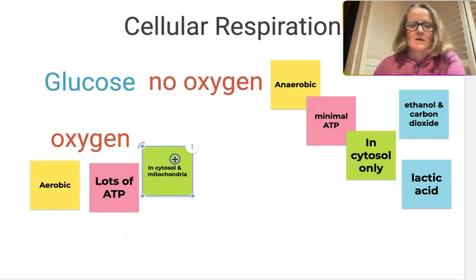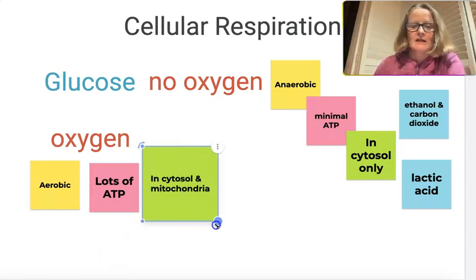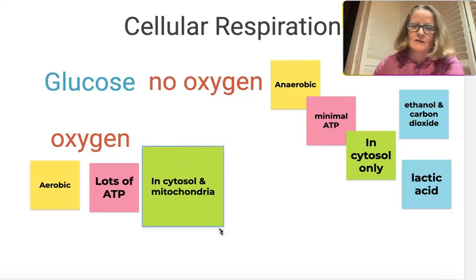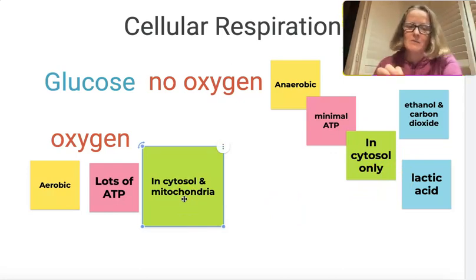This time we start off the reaction in the cytosol outside the organelles, just like we do with anaerobic respiration, but then the products at the end of that bit go into the mitochondria, and that's where we squeeze out every last bit of chemical energy from the glucose molecule.